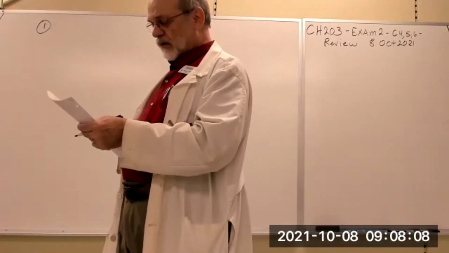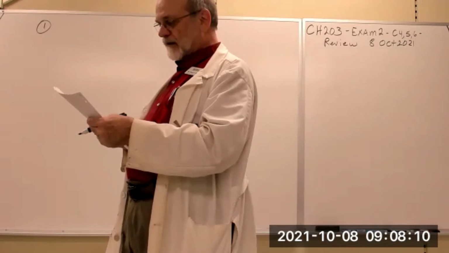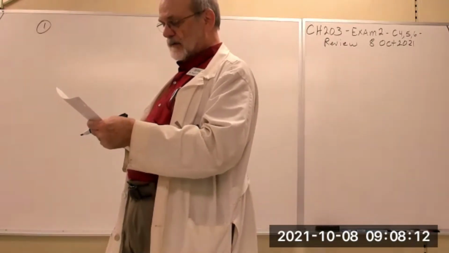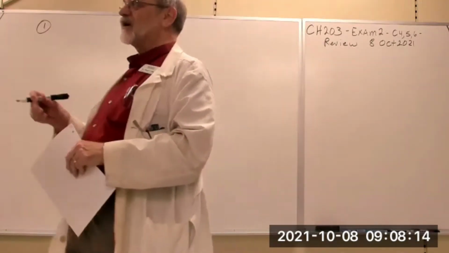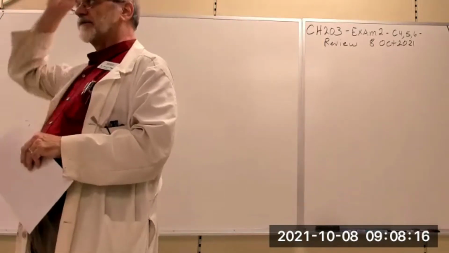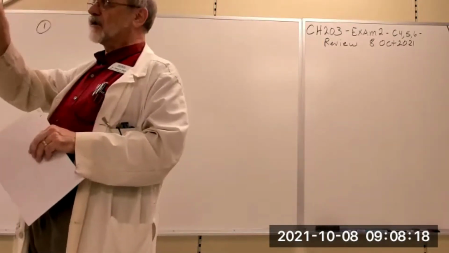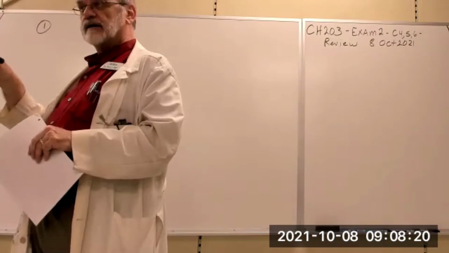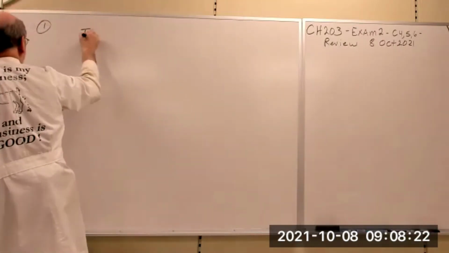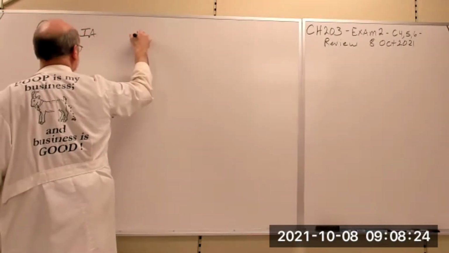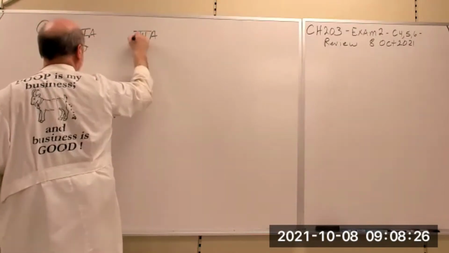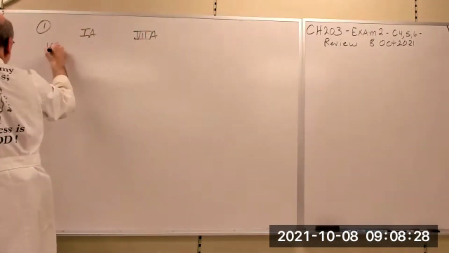Okay, so these groups have how many valence electrons for each one? In order. First one, 1A, 7A. Valence electrons.